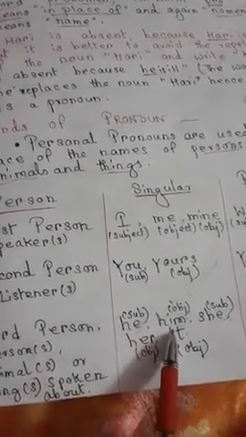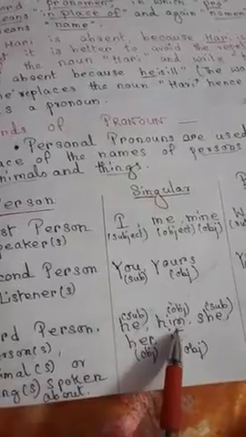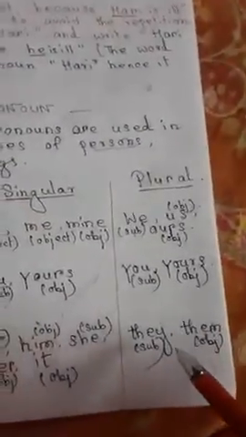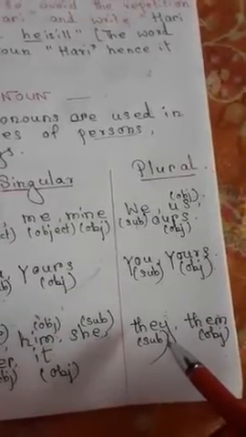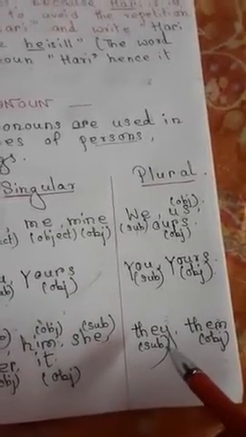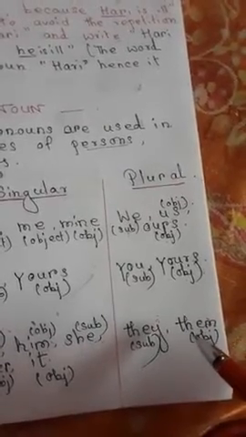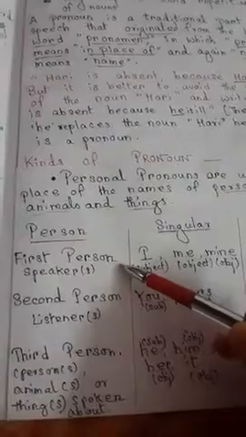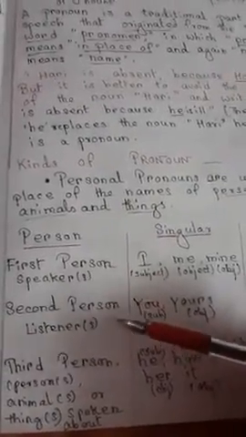Give this book to him. Him is object. Similarly, in case of plural, they are good players. They is subject. Give this ball to them. So them is object.